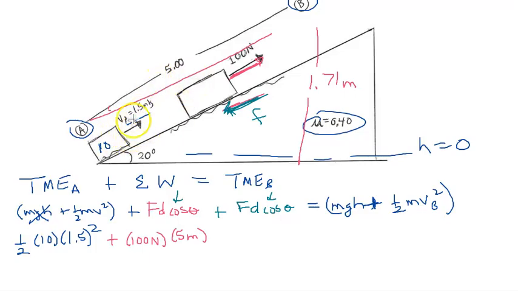You need to understand conceptually that this 5 is the distance through which the force worked. The bigger that distance, the more work it did. This 1.71 is related to the 5, but what's important is that the force traveled through that 5 meters, not the 1.71.